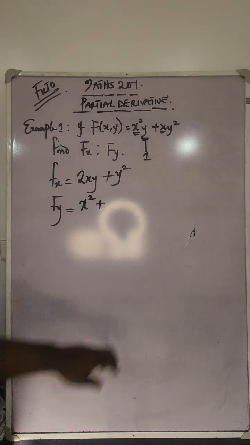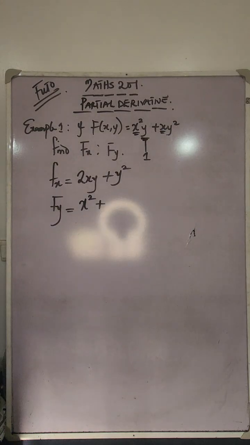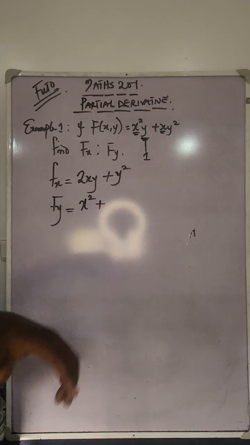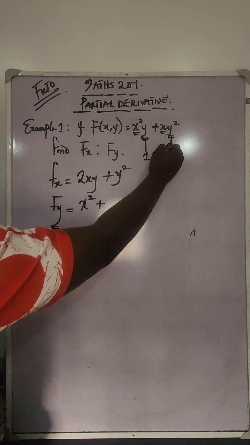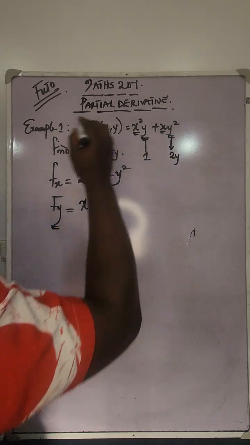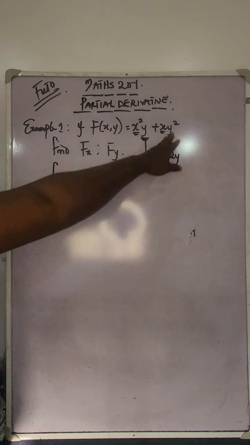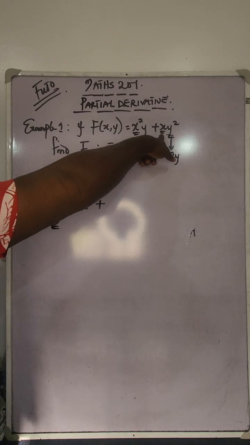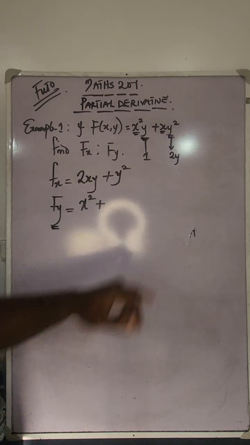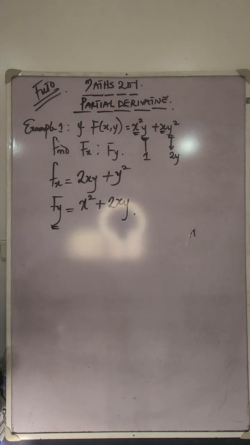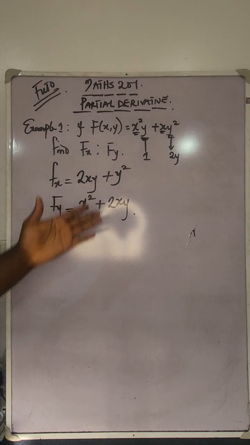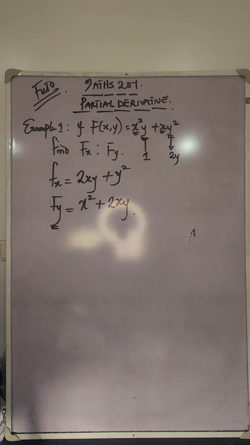If you differentiate y squared here, you are going to have 2y. Remember, we are paying homage to just this y. Once you are done differentiating, multiply by whatever variable is left. So 2y multiplied by x gives 2xy. As simple as that.